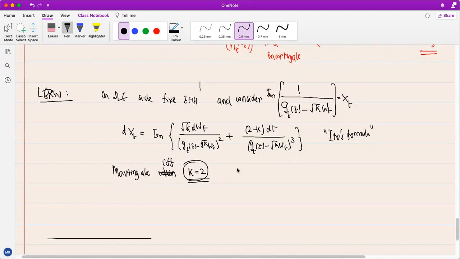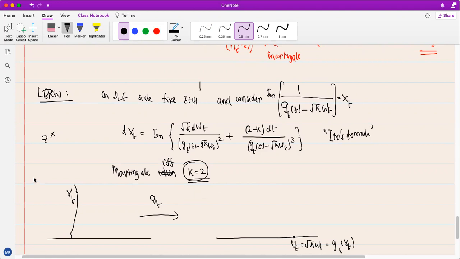So let's say, what is the imaginary part of GT of Z? So we have here gamma T, and if you map it by GT, you get UT, which is square root kappa WT, the image of gamma T. And then GT of Z, where Z is some point up there.